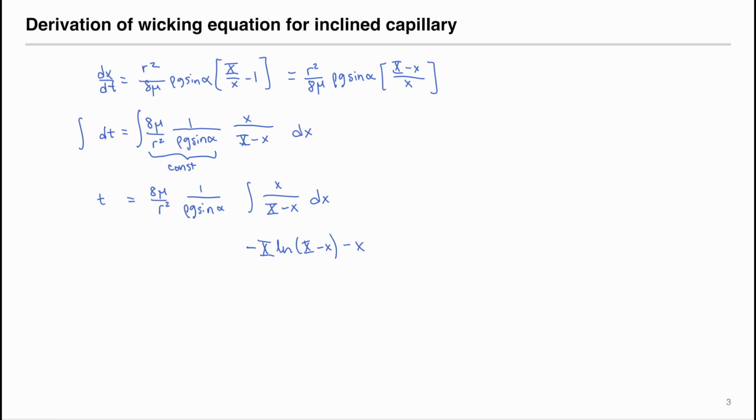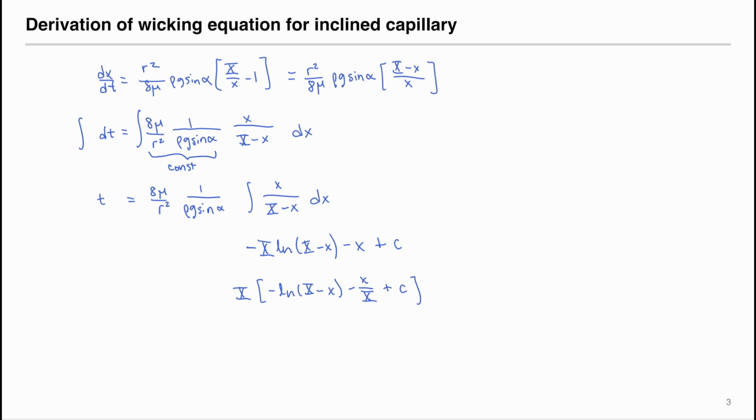And we can simplify this out by taking the big X out. We have big X minus natural log of big X minus small x divided by big X, so that they cancel out to x. Remember that this is an indefinite integral, so there is a plus c constant. And to evaluate this constant, we need an initial condition.